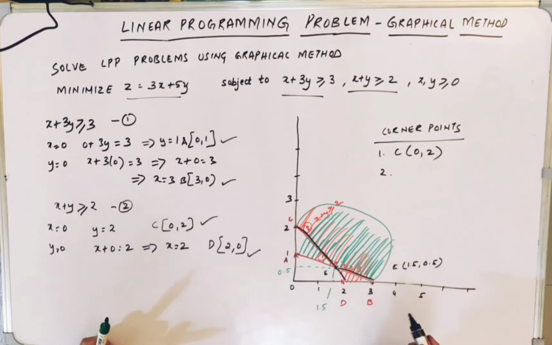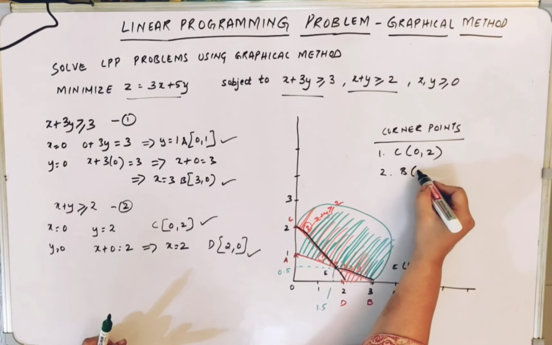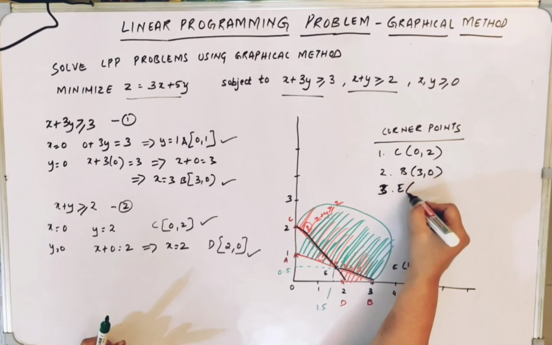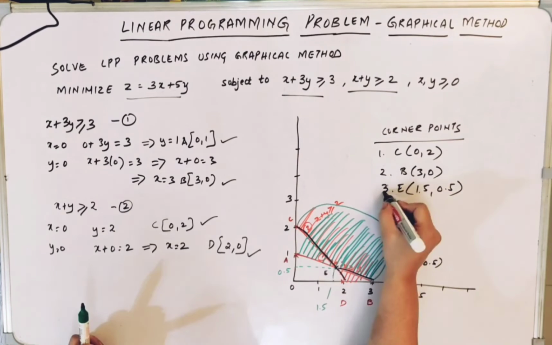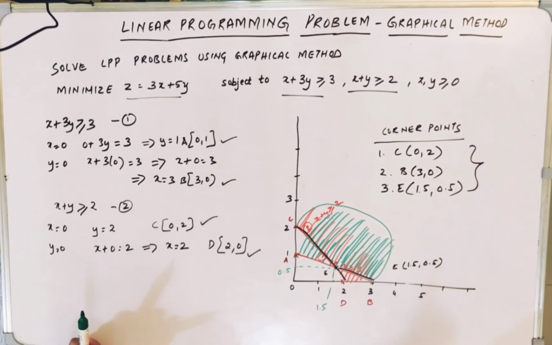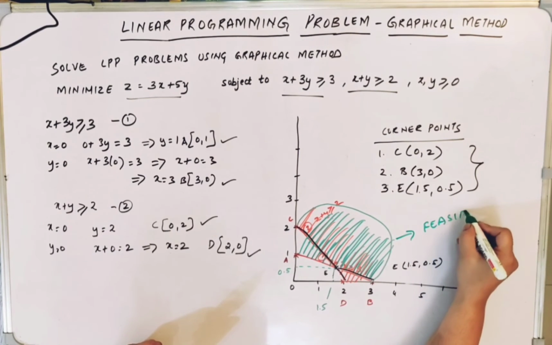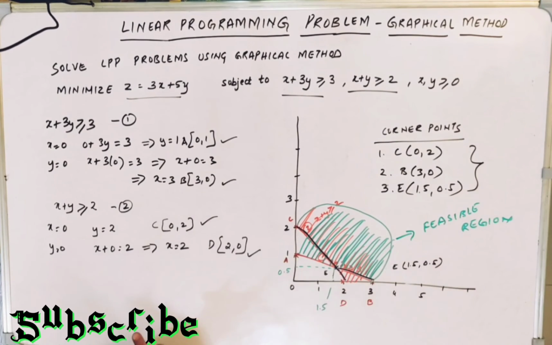Second one is B, which is 3, 0, and the intersecting point, which is E, 1.5 and 0.5. So we have our corner points. Now what is the next step? We got the feasible region. This is the feasible region.